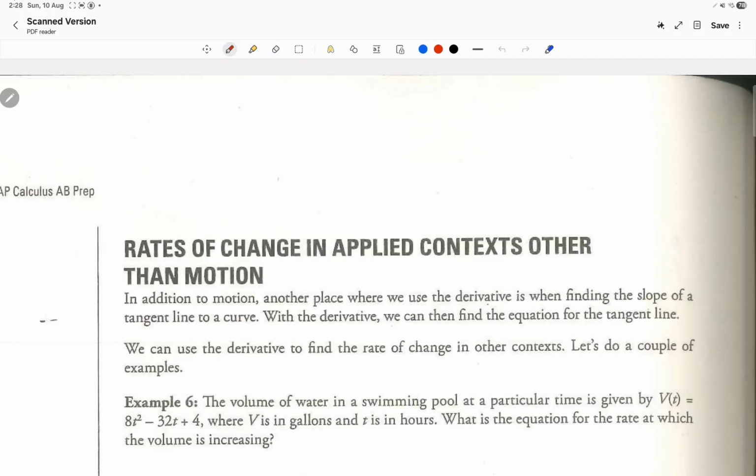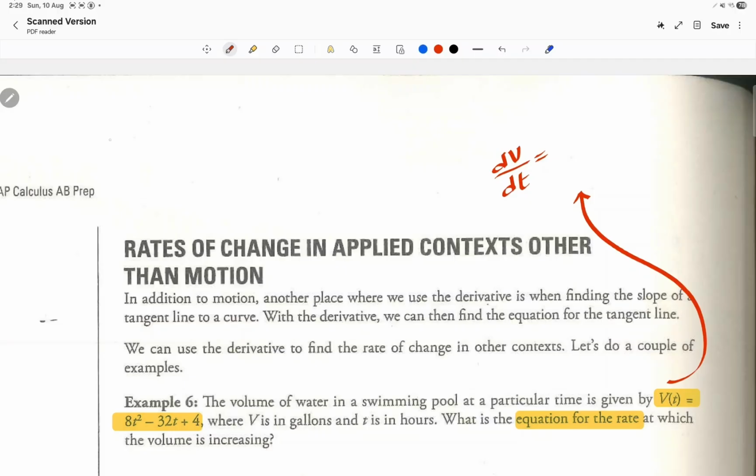Alright guys, so we have a volume, and you want to find the equation of the rate. If they say a rate, acceleration? Differentiate. So if they say V of t, you must find dV over dt. Would you know how?